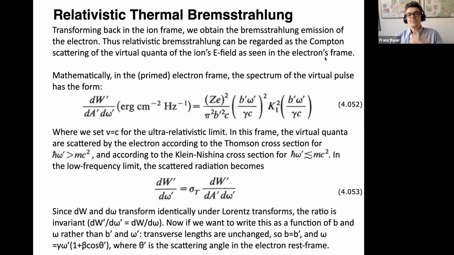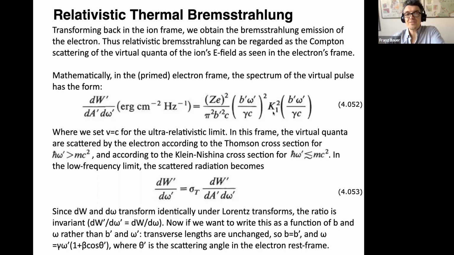And so in mathematical terms, in the primed frame, the spectrum of a virtual pulse will be given by this expression, which you recall we calculated before. This is our friend, I'm blanking on the name, the modified Bessel function.